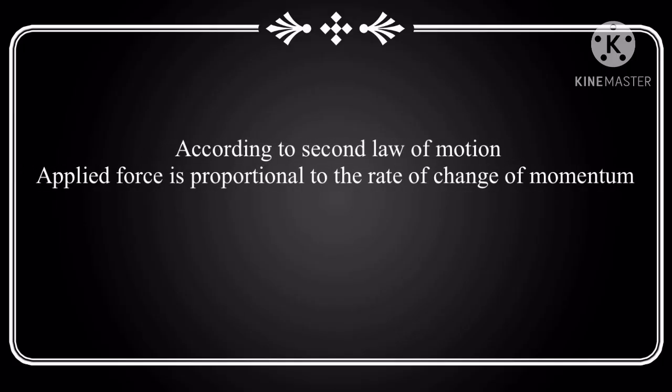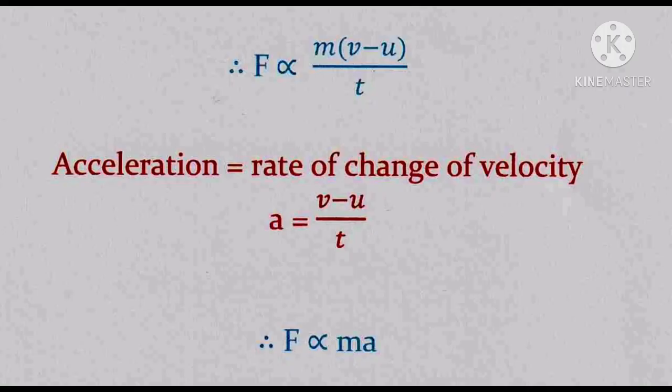According to the second law of motion, applied force is proportional to the rate of change of momentum. Therefore, force is proportional to m into v minus u by t. We know that acceleration is the rate of change of velocity, that is a equals v minus u by t.